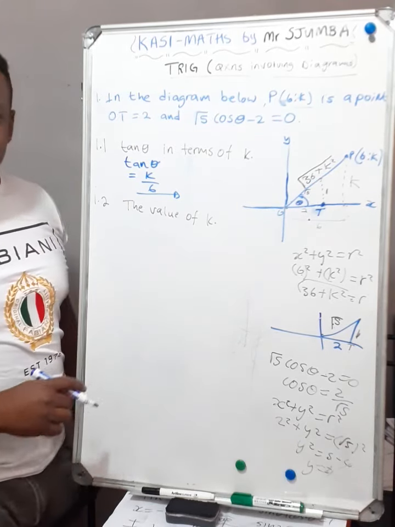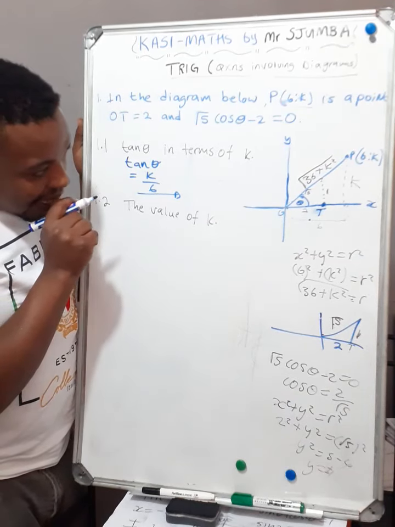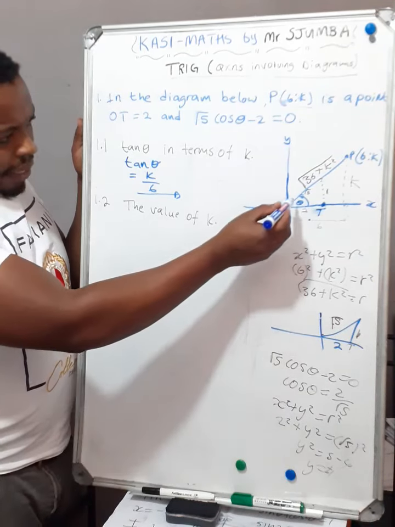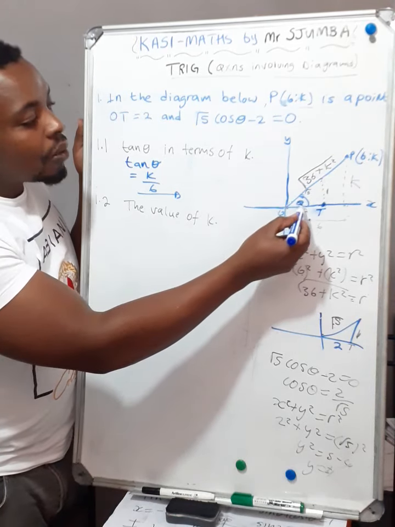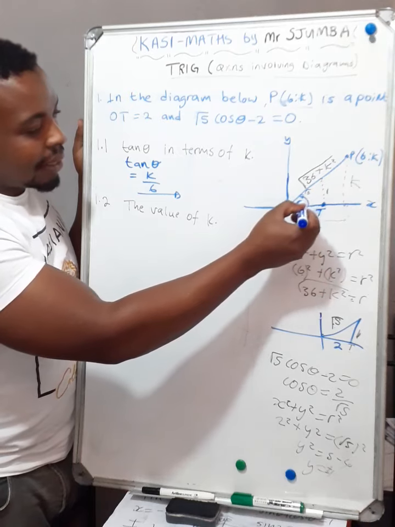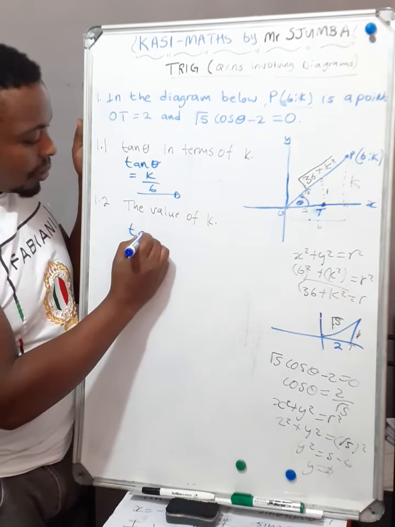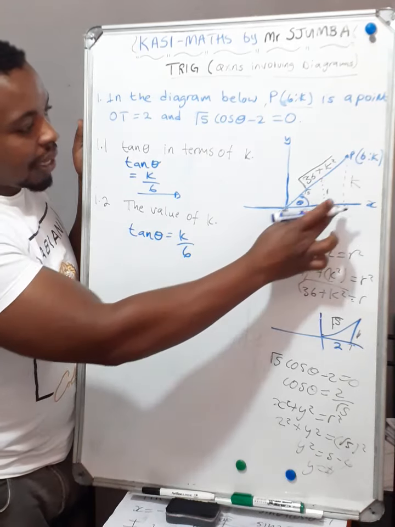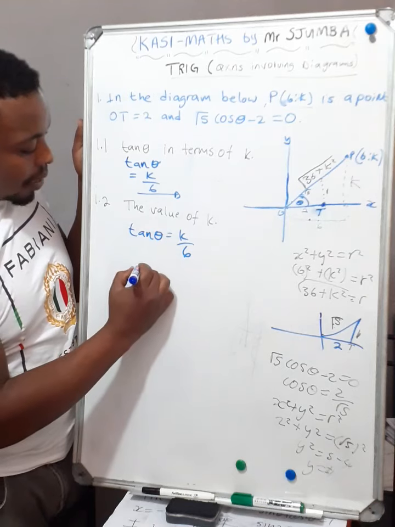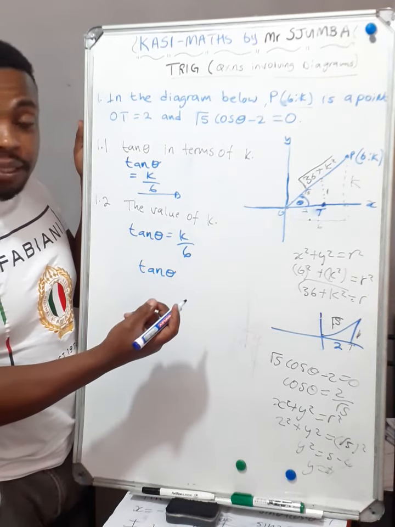So here we find the value of k. Let us look at the value of k. Okay, let us check theta. We know in the big diagram tan theta is equal to k over 6. In the small diagram we also have tan theta. It's the same theta.